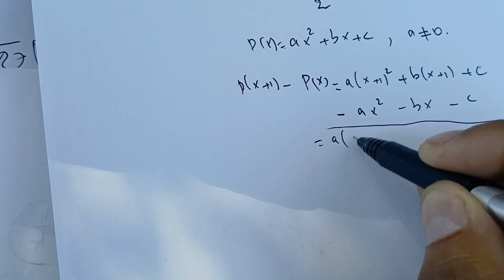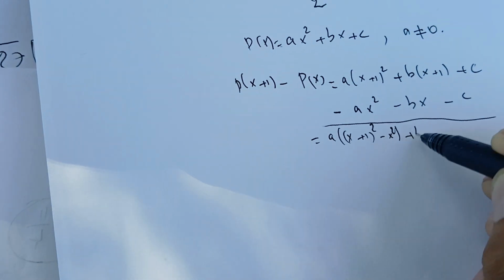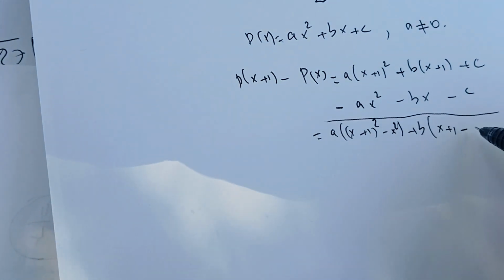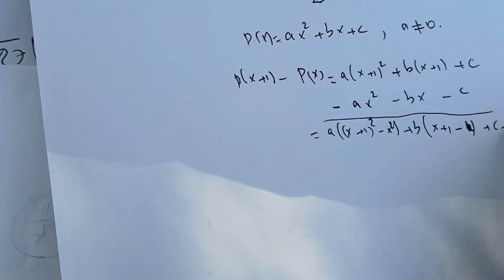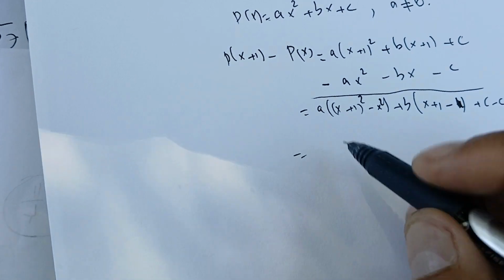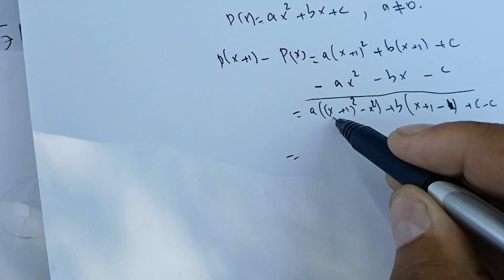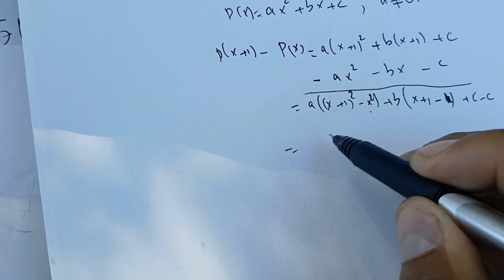We have a times (x plus 1) squared minus x squared, plus b times (x plus 1) minus b x, and c minus c, which is 0. If we do this, we're gonna get 2x plus 1.